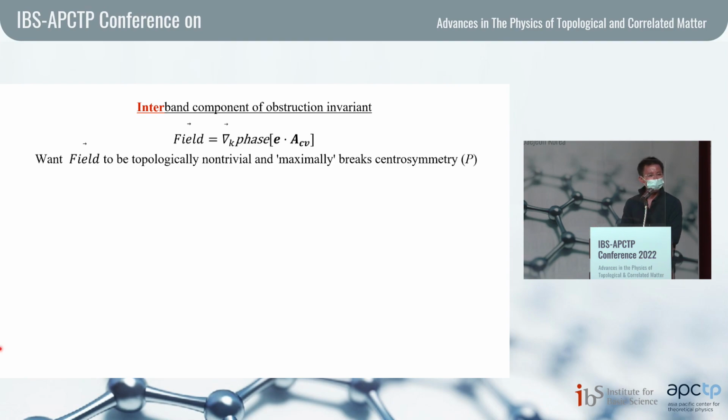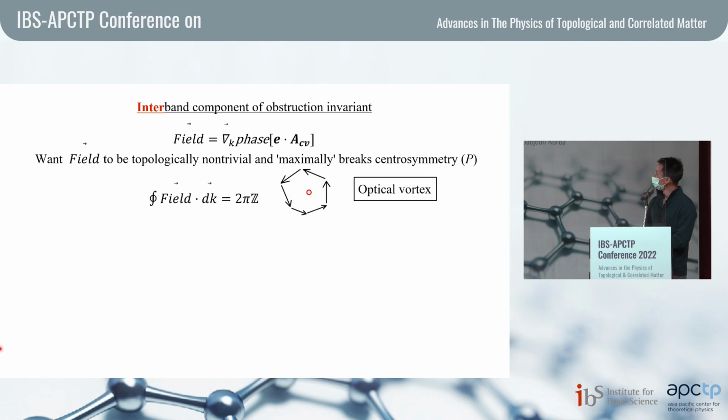Okay, let me define a vector field, which is the gradient of the phase of essentially the E dot A. I remind you, E is the light polarization vector, and A with a subscript CV is the interband Berry connection. And we want this vector field to be topologically non-trivial, and also maximally break central symmetry, whatever that means.